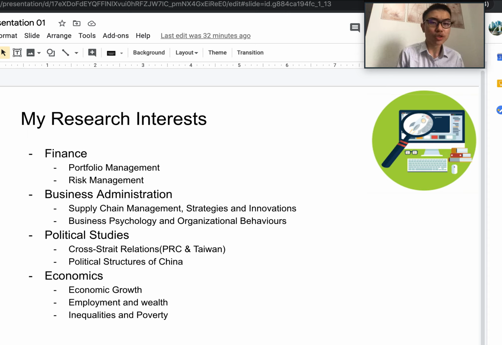I'm also researching organizational behaviors, which is highly linked to business psychology. It is the study of how we can coordinate various departments of our business well. How do we increase efficiency? How do we transfer the skills of employees from the cognitive aspect to the behavioral aspect? This is also linked to supply chain management, because in supply chain management, we are working with suppliers, manufacturers, distributors, marketing workers, service providers, and customers.